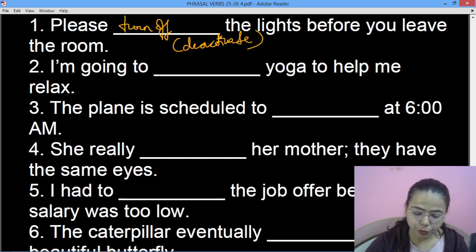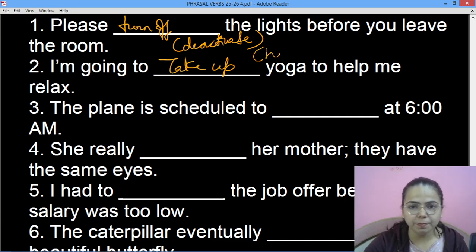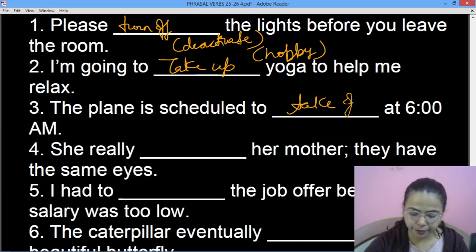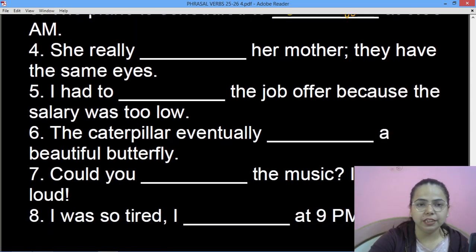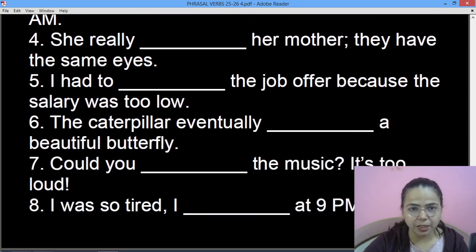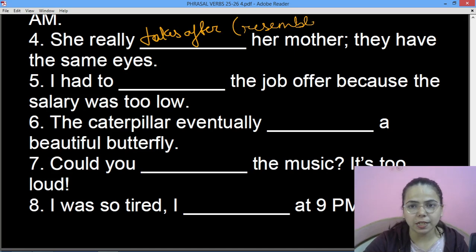Then I am going to take up yoga to help me, means to take up as a hobby. The plane is scheduled to take off, means to leave the ground, at 6 a.m. She really takes after, मतलब कि किसी के जैसे दिखना. ठीक, so takes after means to resemble someone.